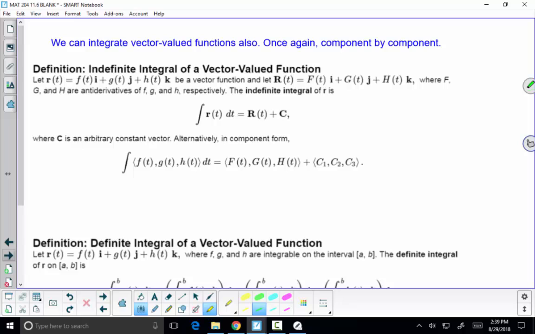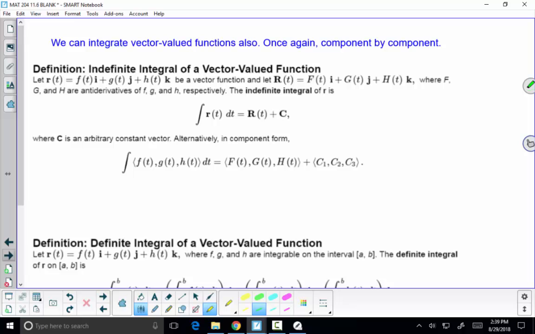So we integrate vector valued functions in the same way that we differentiate them, term by term. We just integrate each component. The way they've written this answer up here, they're writing it as a vector antiderivative plus a constant vector. You can think of it that way.